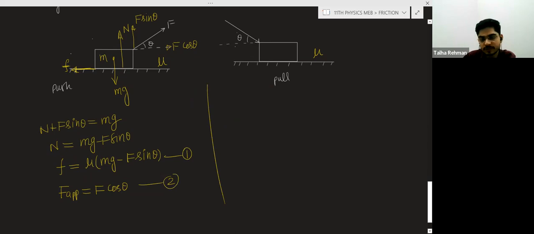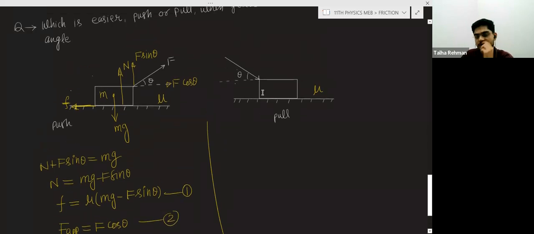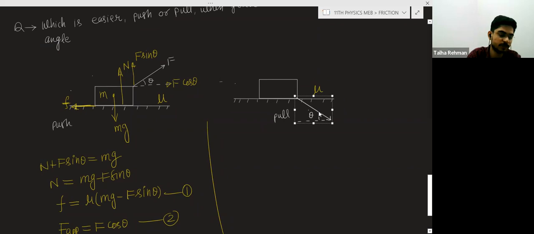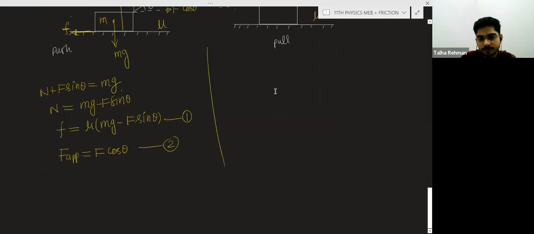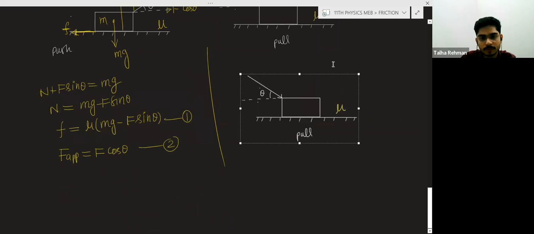Now see this case. One thing I told you when we were discussing vectors, and someone asked me the doubt, can we shift the force like this? Parallel shift of the force we can do. So I will use another diagram.